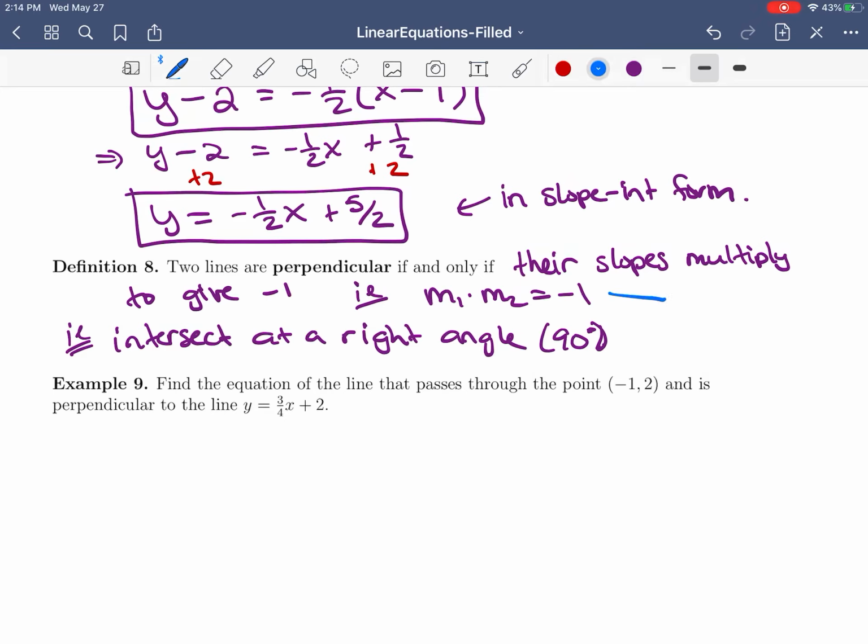So normally we rearrange this so that m2 is negative 1 over m1. So we often say that the perpendicular slope, m perp, is the negative reciprocal, is probably what you've heard.